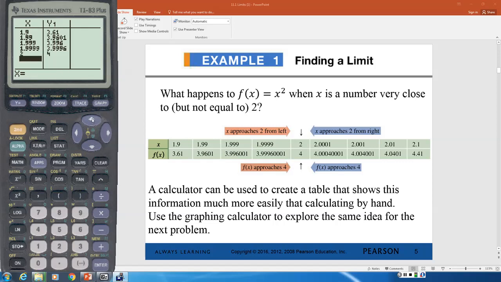Now you saw me enter 1.99999. The calculator says that's 2. Well, that's because it can't show me more than 5 digits in a decimal place in that column. So since it can't show me all the digits, it rounds it to the closest number, which is 2, because 1.99999 is just really, really close to 2, right?